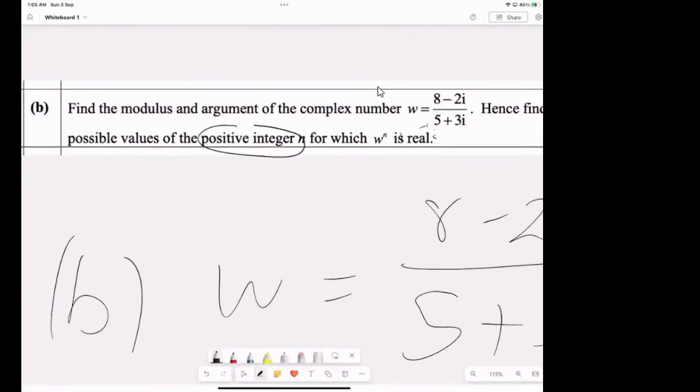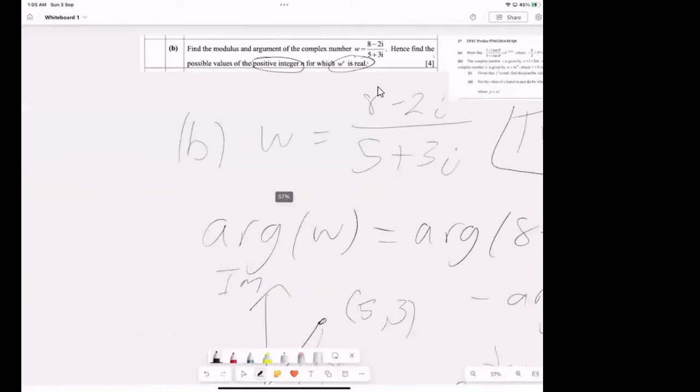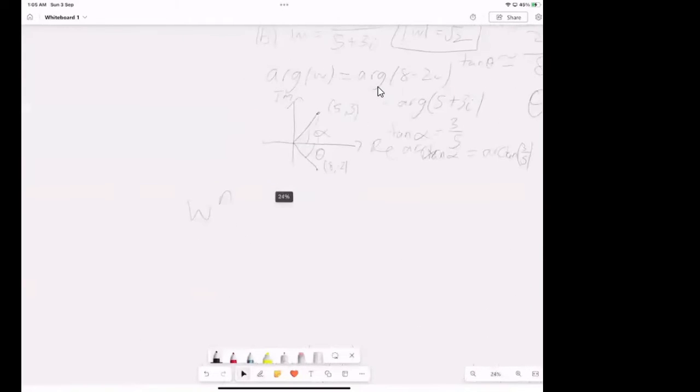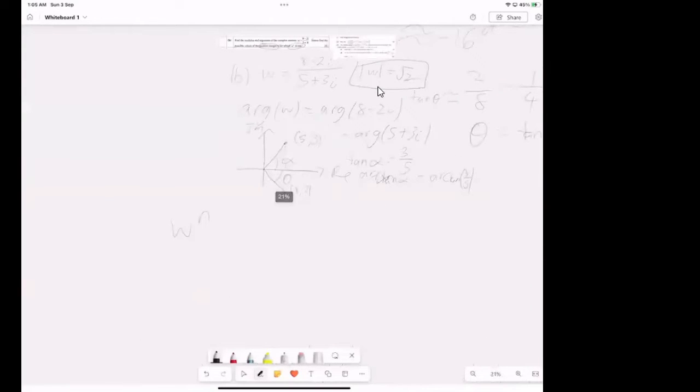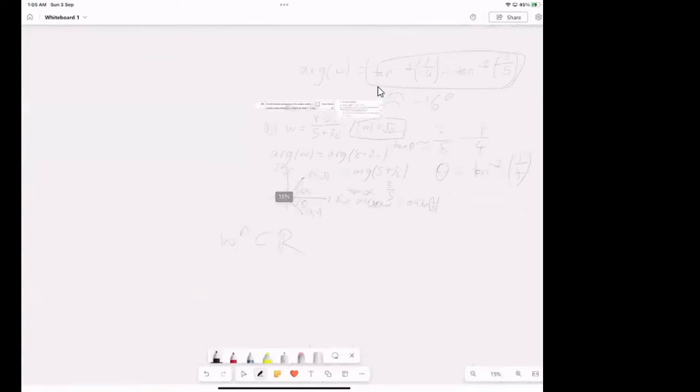The first thing I like to notice is that n is a positive integer and W to the power n is real. There are many variations. It can be a negative integer, but usually it's a positive integer. So we want W to the n to be an element of the real numbers.